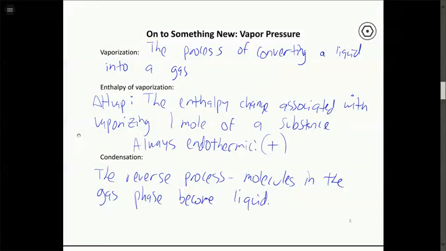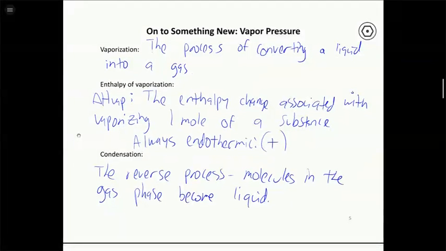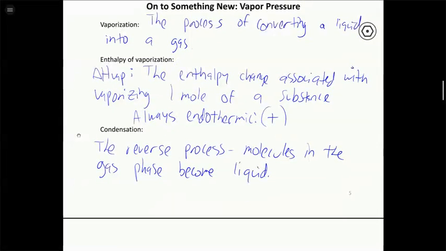You've certainly seen condensation before. If you take out a glass of ice water on a warm, humid day, you'll see condensation forming on that. Or if you're boiling water and you put a lid on it, you'll see condensation on the lid, which is not as warm. So you've seen condensation before, it's just the opposite process.